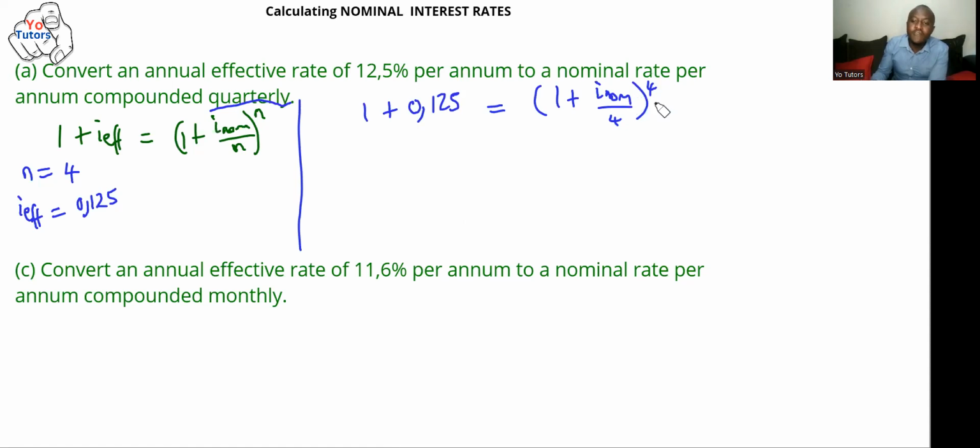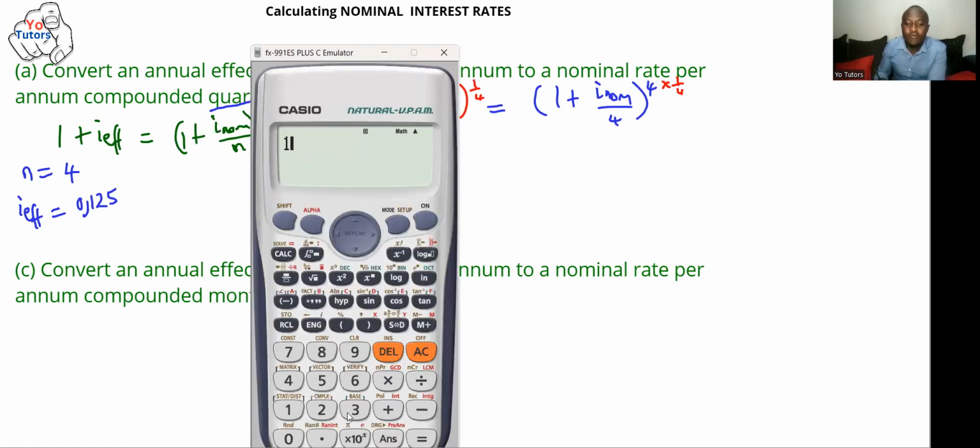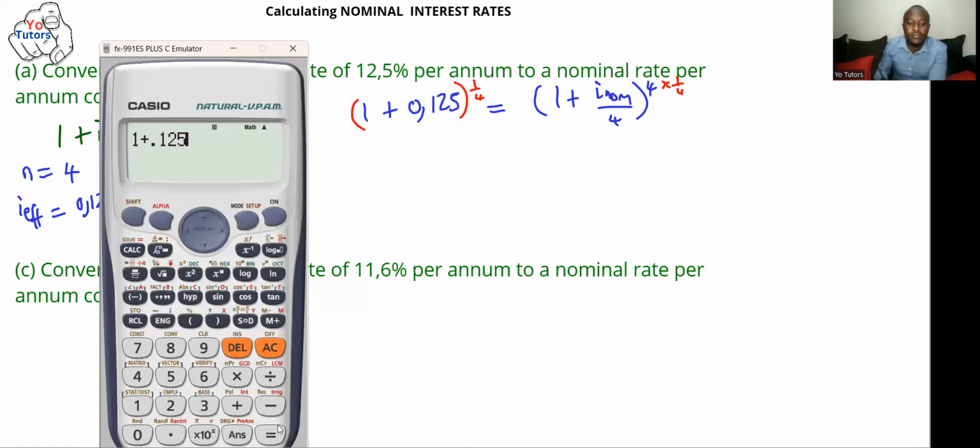Now, for us to get rid of the exponent 4, what do we do? We multiply by the exponent of 1 over 4. Here also the exponent of 1 over 4. Now it means that we're going to say 1 plus 0.125 is equal to, we have that.